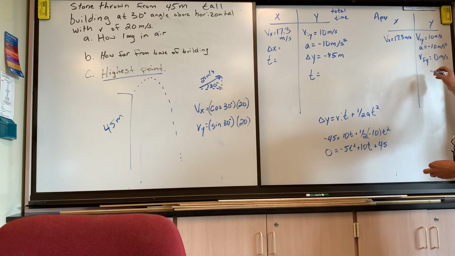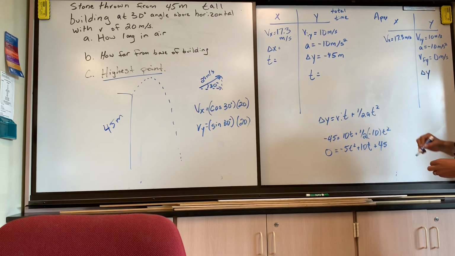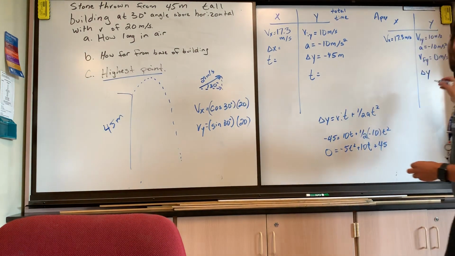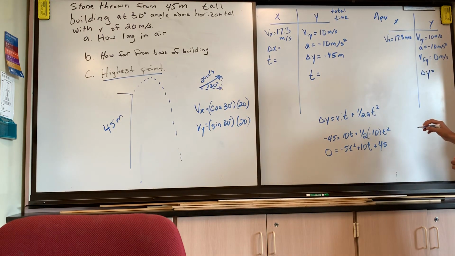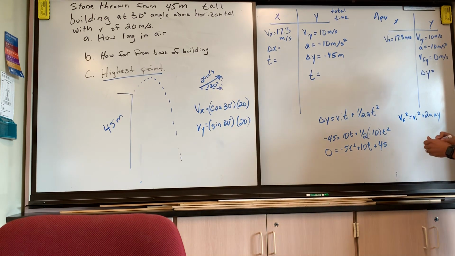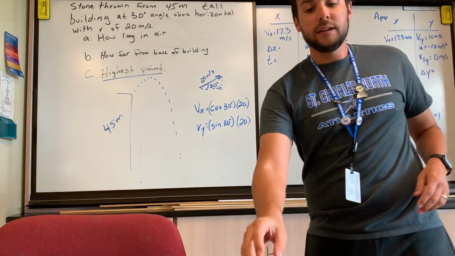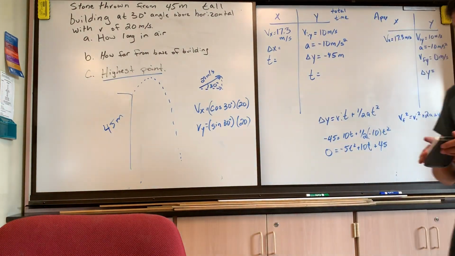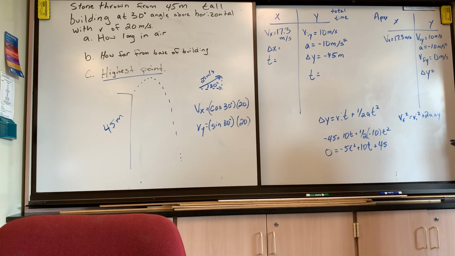So can I figure out some other values here? Well, what I really need to know is my highest point, my delta y. So to find that value, I can say Vf squared equals Vi squared plus 2a delta y. And when I do that, I should get 100 divided by 2 divided by 10.